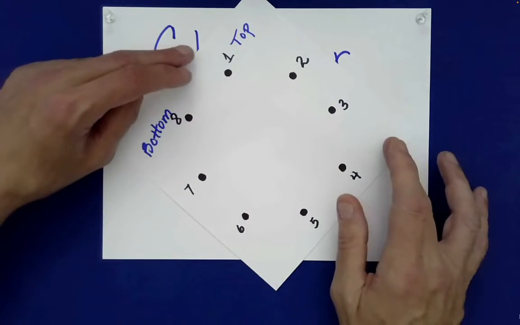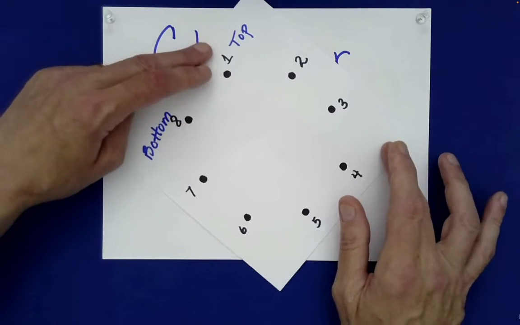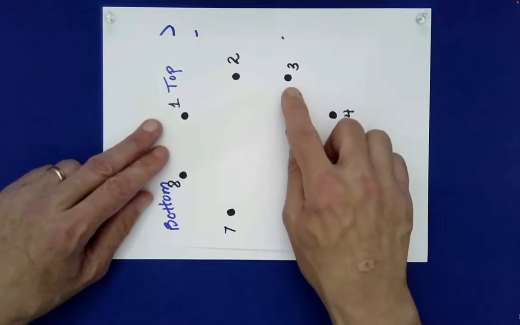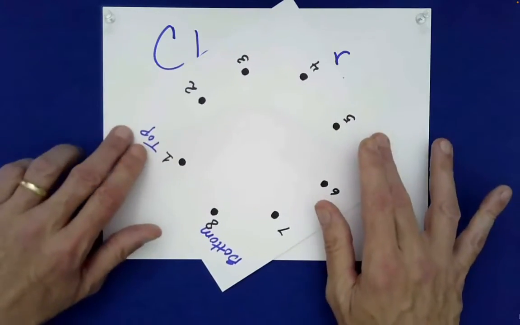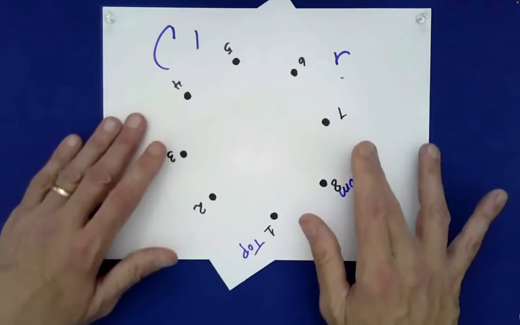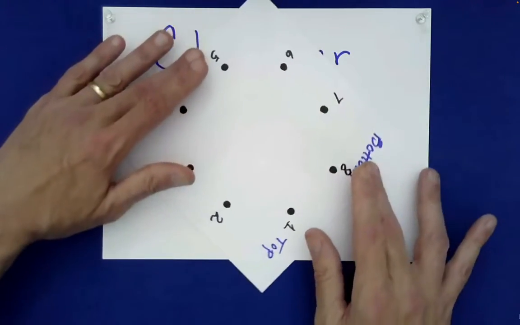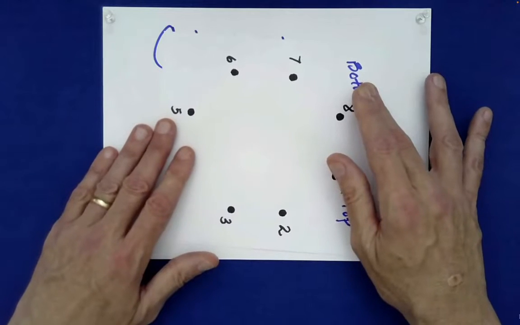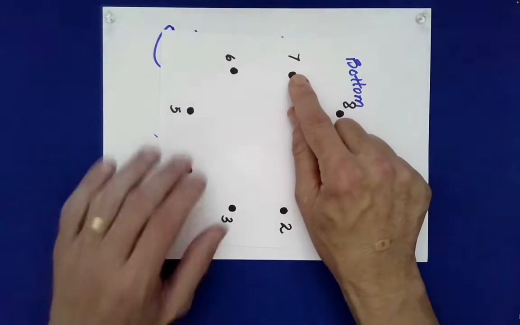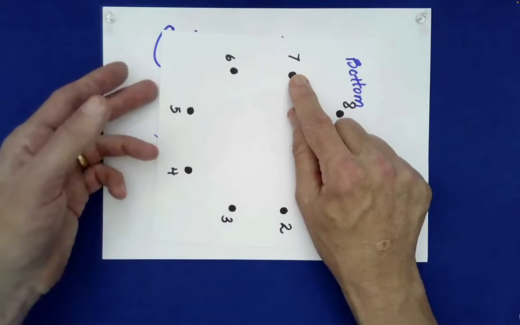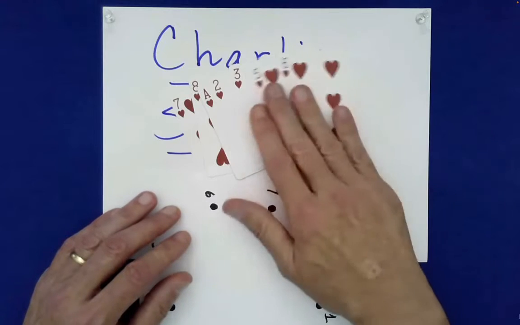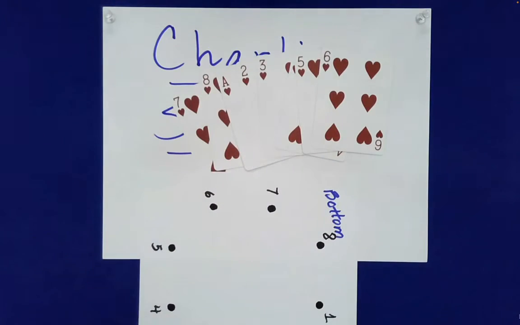Then cutting another card to the bottom rotates it so that the new top card is a 3, and then a 4, and then a 5, and then a 6, and then we actually cut 6 cards to the bottom. That would bring the 7 to the top, and of course the 6 would be on the bottom. And that's what we see over here. The 6 is on the bottom, and the 7 is on top.